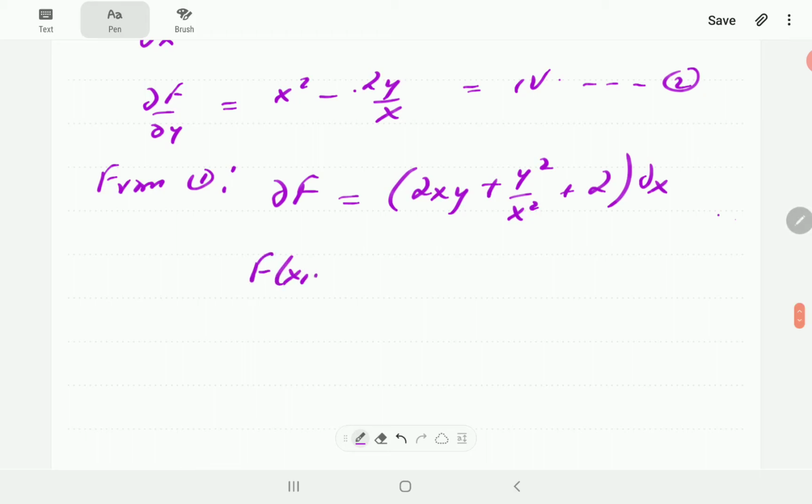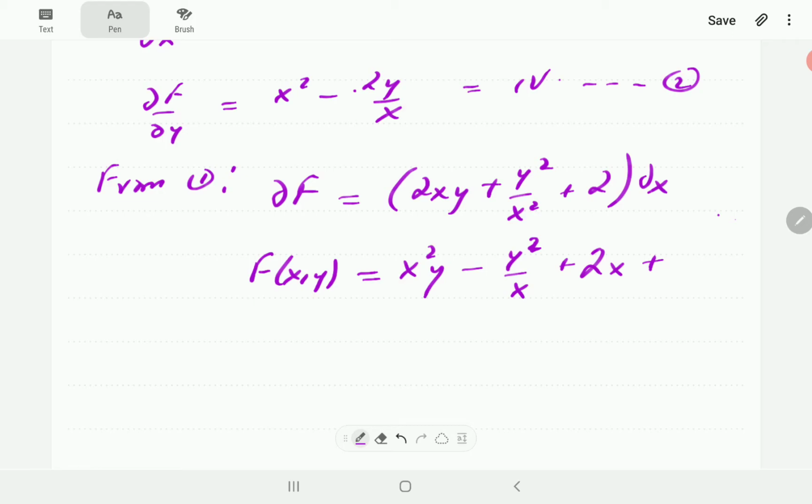So our f is going to be given here. Integral of 2x is going to be x squared. And integral of 1 over x squared is going to be minus 1 over x. Integral of 2 is going to be 2x. Okay. Now, since we're integrating partially with respect to x, this is going to have to be plus.